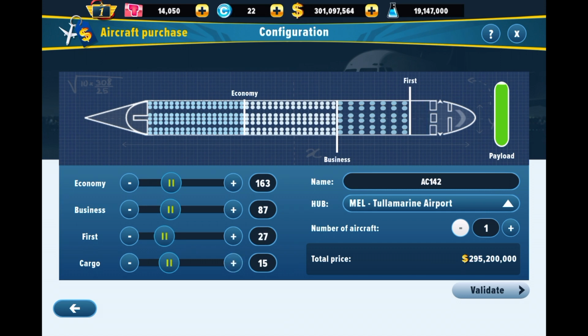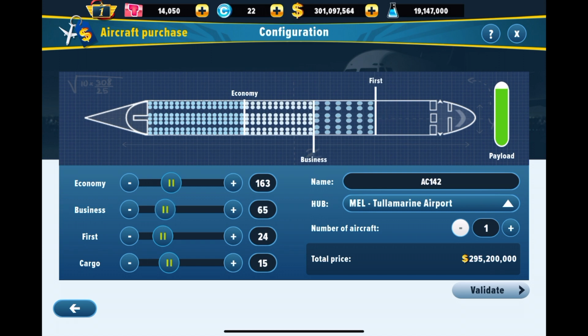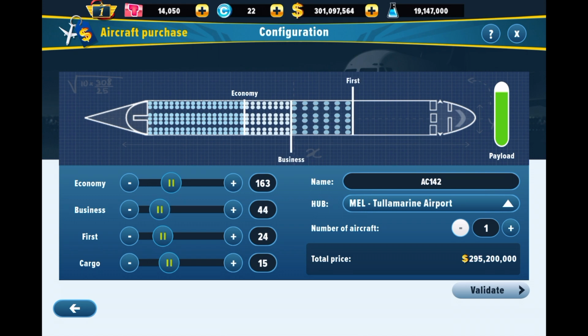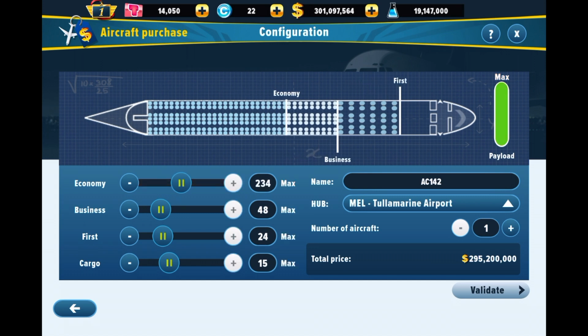First class, let me reduce it to 24. Business class, let me take it down to maybe 48, double the first class, and then the economy class I'll max out.